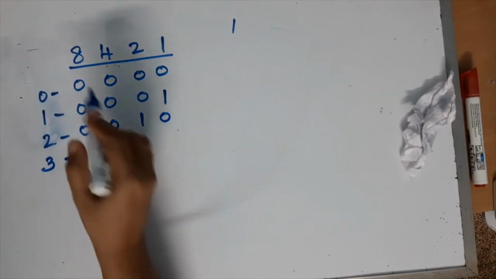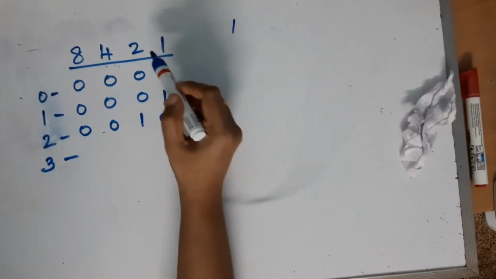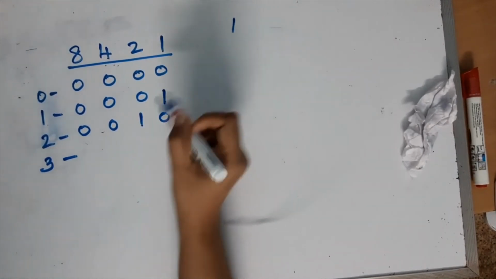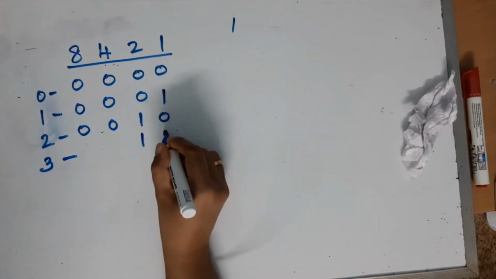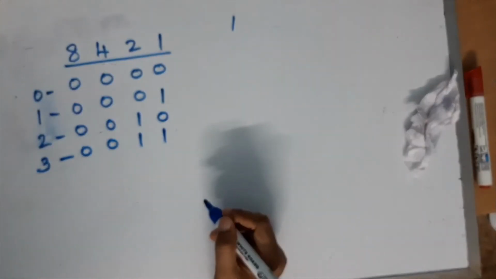3 means you don't have a 3 here. So 3 is 2 plus 1. So you have to write 1 here and 1 here. So these two are zeros.